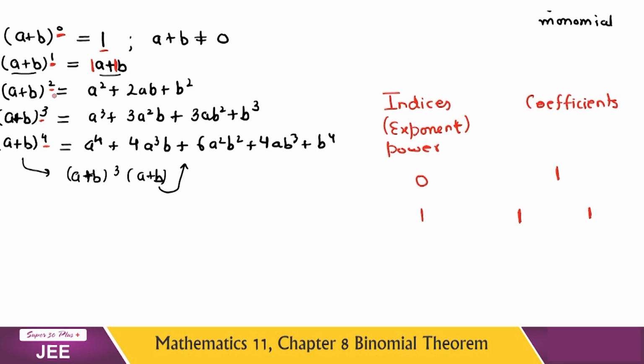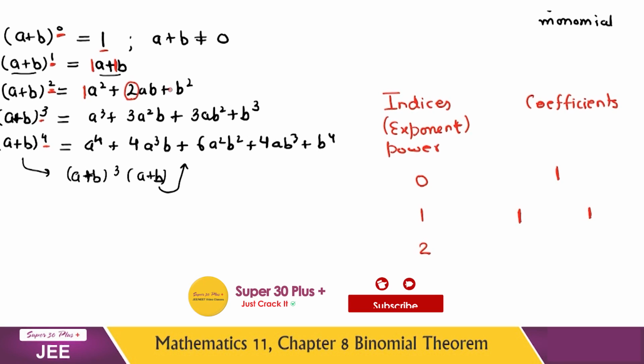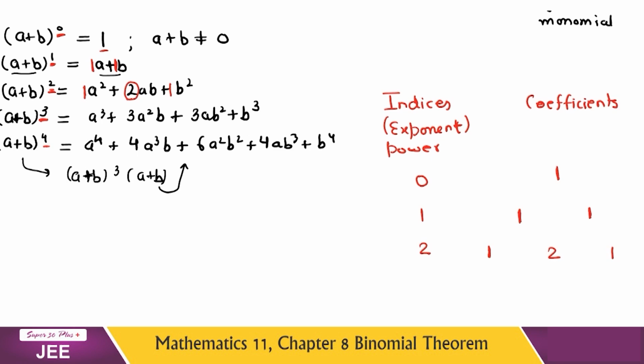When the value of power or index is 2, I have coefficients 1, 2 and 1 respectively. So I am going to write them 1, 2 and 1. And when the index was 3, I was getting coefficients 1, 3, 3 and 1. So here I am writing 1, 3, 3 and again 1.